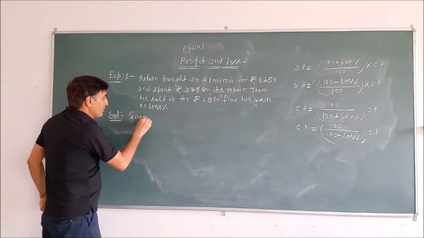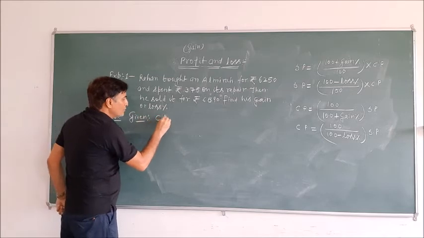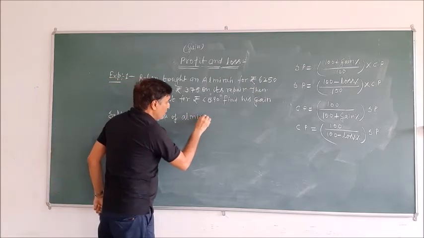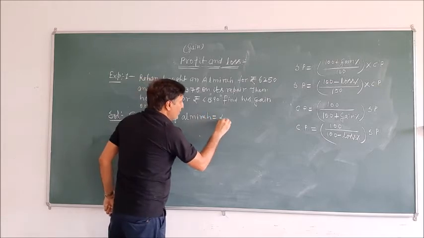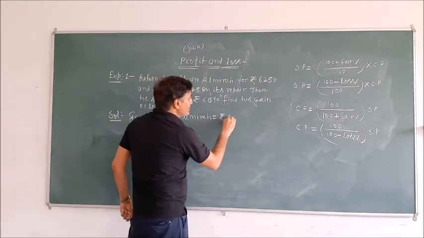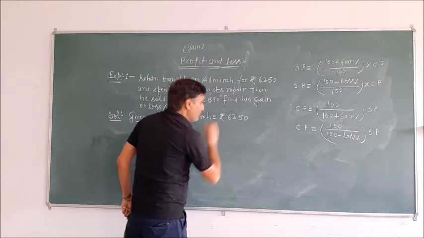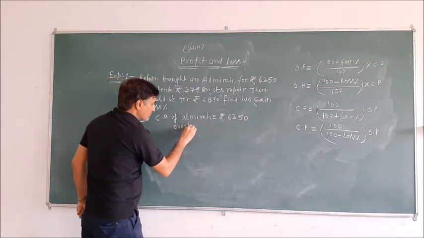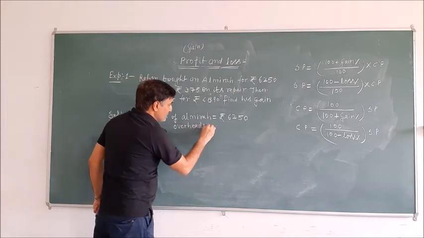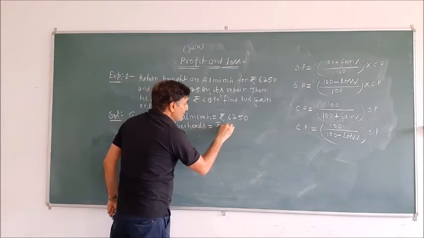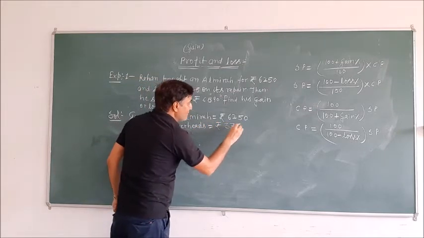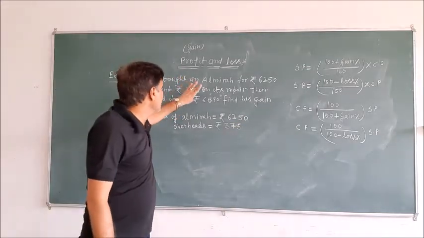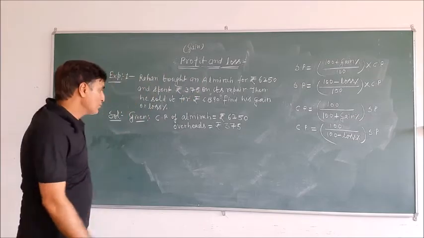Given cost price of almirah is rupees 6,250. Overheads are rupees 375, which he spent on the repair of this almirah.